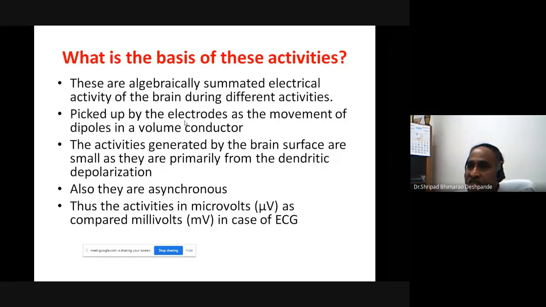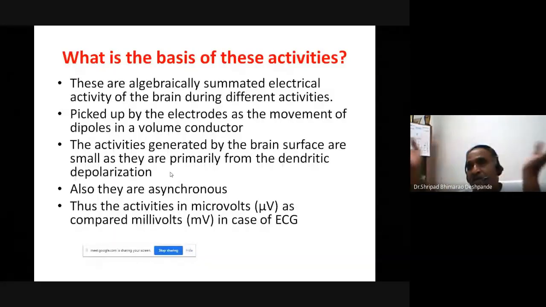Activities generated by the brain surface are small and are primarily from the dendritic depolarizations. You see the cortex has 6 layers. The outer layer is the plexiform layer.